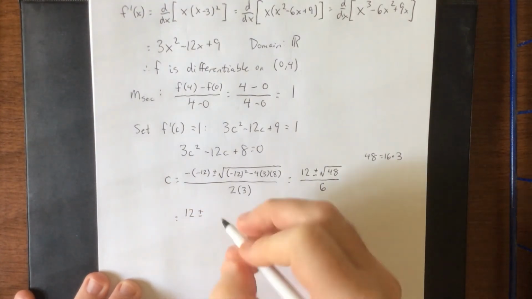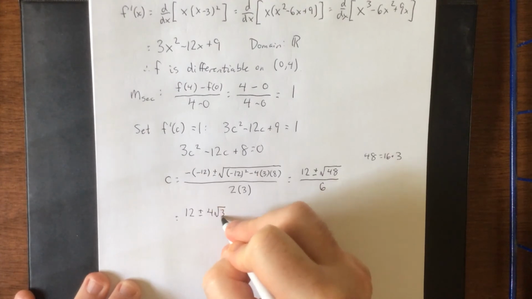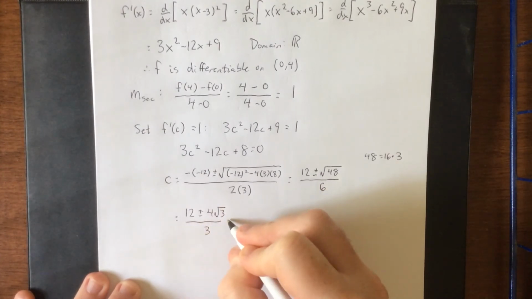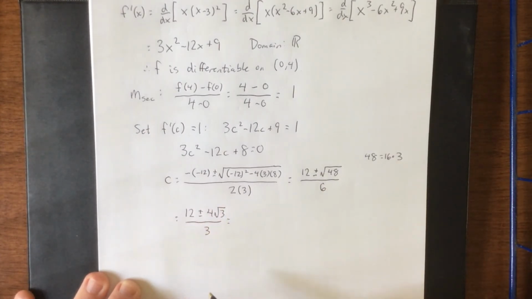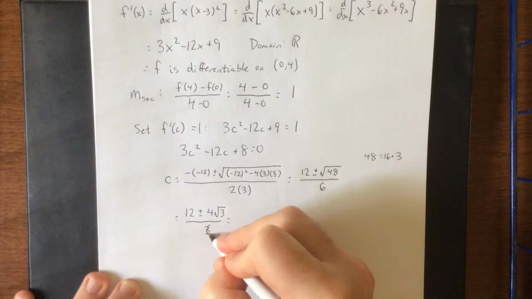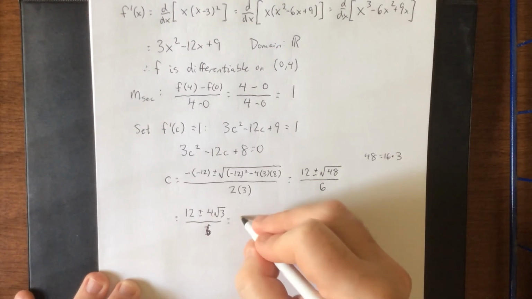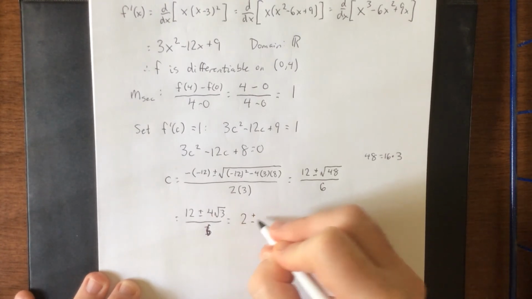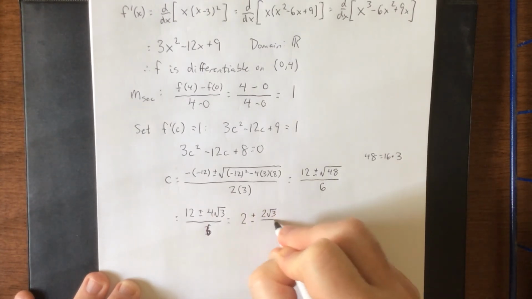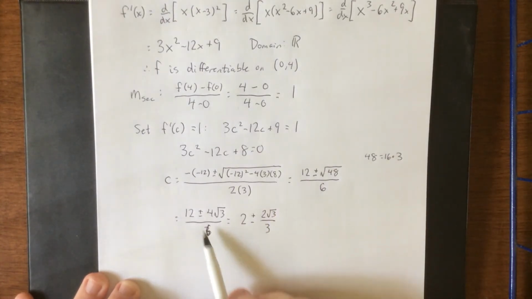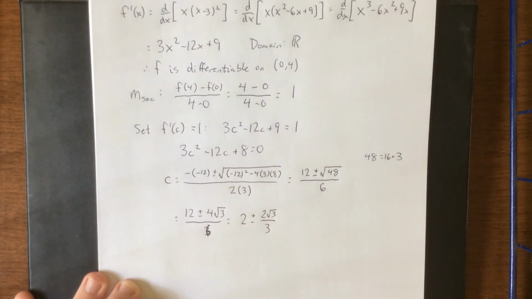So 12 plus or minus 4 square roots of 3 all over 6. Then if you want to distribute the 6 to both of the terms, we'll get 2 plus or minus 2 square roots of 3 all over 3. So that's distribute the 6 and then reduce each of the fractions.